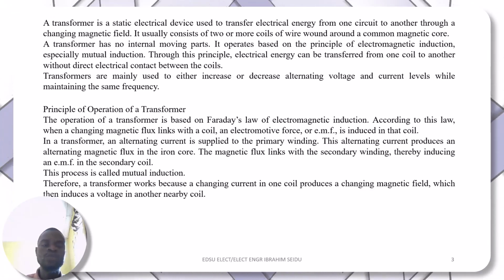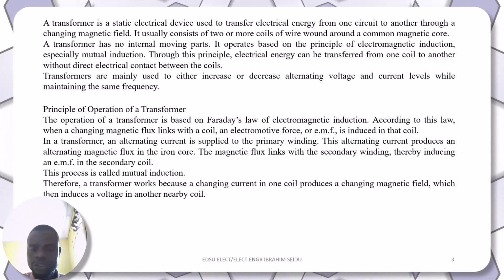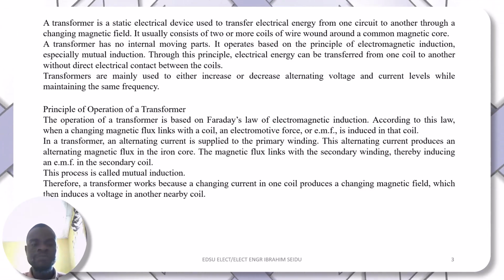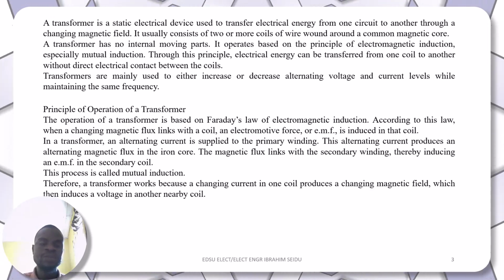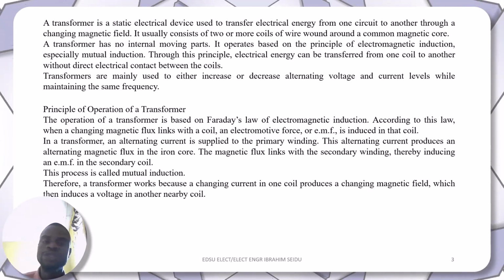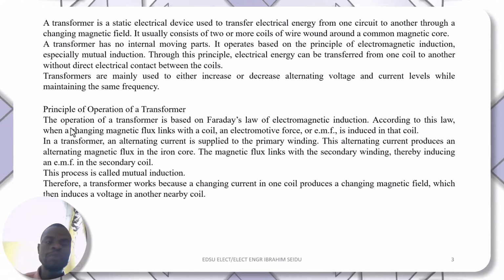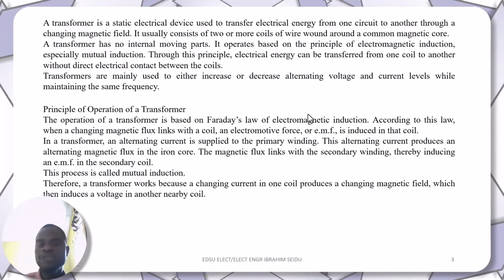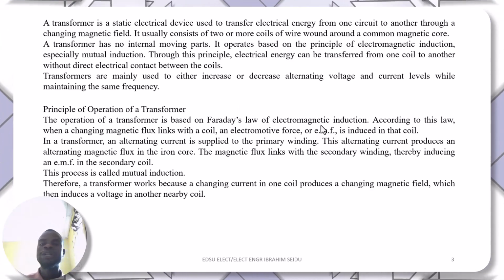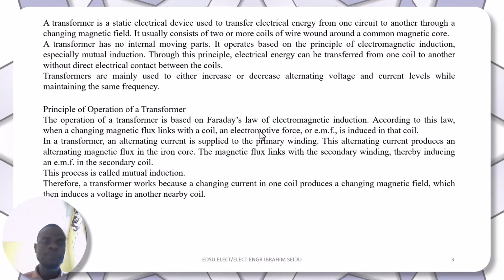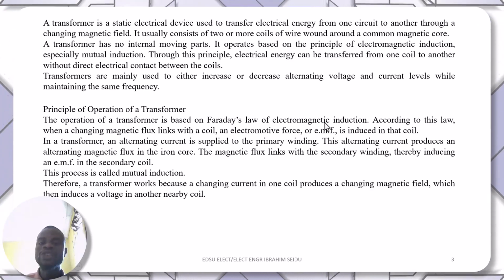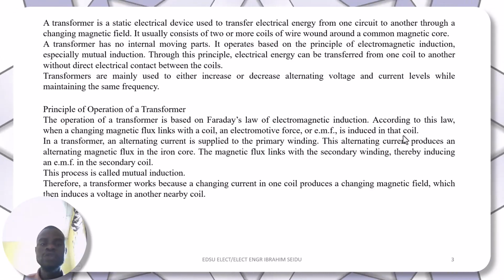The secondary induces voltage coming from the primary circuit through electromagnetic induction. Now, the principle of operation of a transformer is this. The operation of a transformer is based on Faraday's law of electromagnetic induction. According to this law, when a changing magnetic flux is linked with a coil, an electromotive force, or EMF, is induced in that coil.